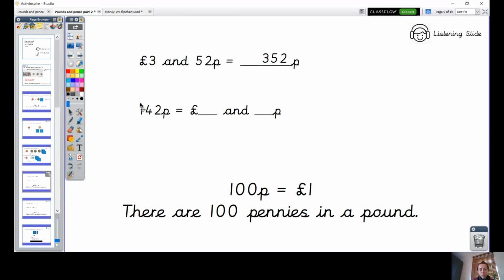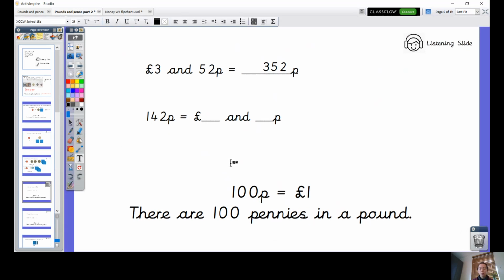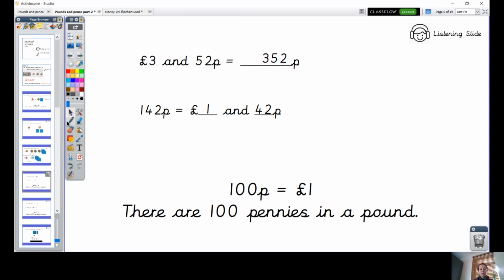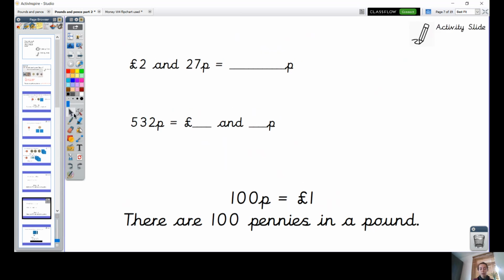So I've got here 142 pence is the same as, well, I know 100 pence is the same as a pound. So I know that I've got £1 and I've got a little bit more pence, haven't I? I've got another 42 pence. So that's my answer. I'd like you to have a go at one of these now. So here's yours to have a go at. Pause the video and do that now.